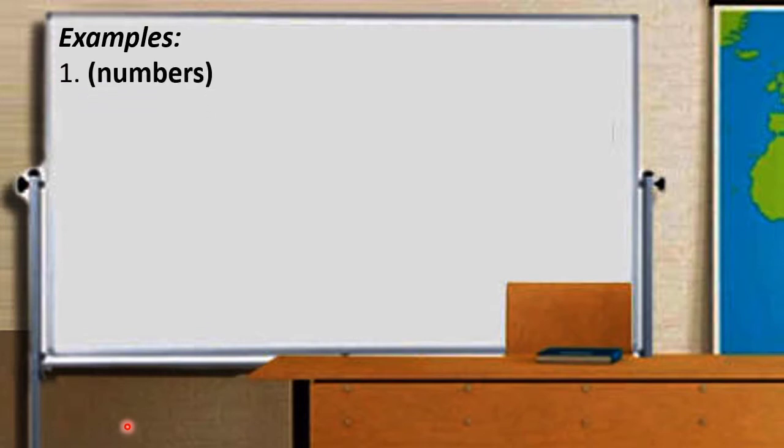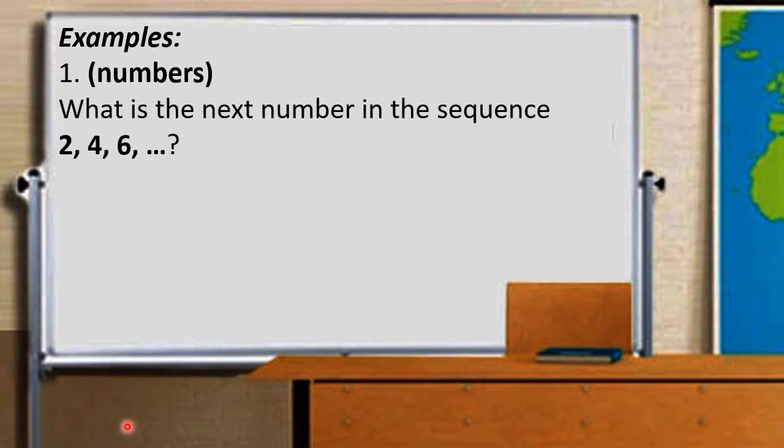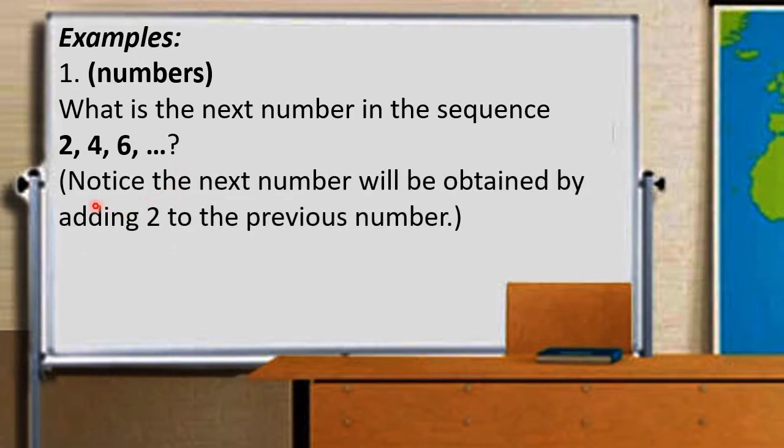Examples. Number 1, numbers. What is the next number in the sequence 2, 4, 6, and so on? Notice the next number will be obtained by adding 2 to the previous number. Okay?